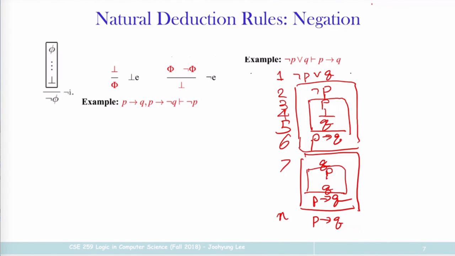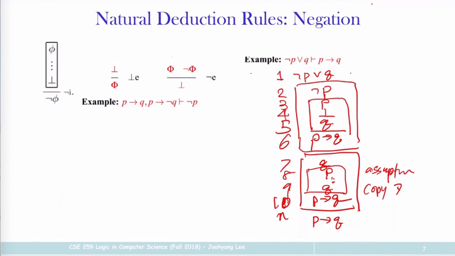Okay, so line 8 is an assumption. And we have to fill this gap. But actually, there is no gap here. Right? We can derive line 9 directly. What rule justifies this? Copy rule, because line 7 is already there, copy 7. So then this is line 10.